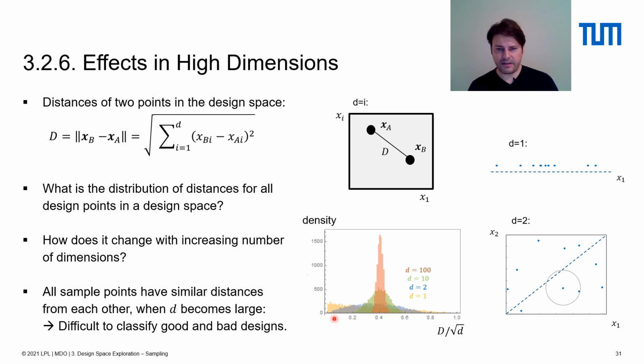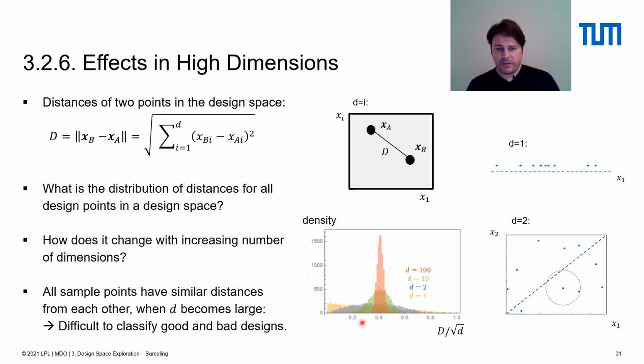And this is reflected by this blue plot with a peak at about 0.3, where this graph actually is normalized by the distance value over the square root of dimensions.